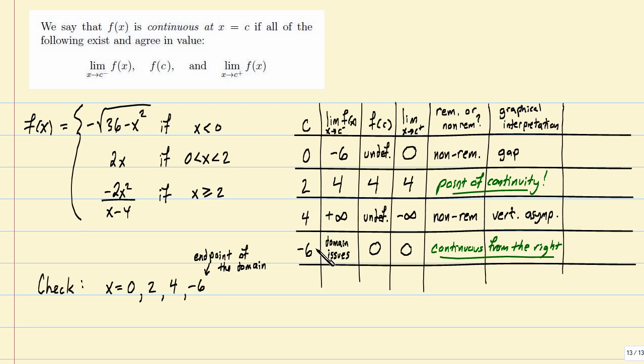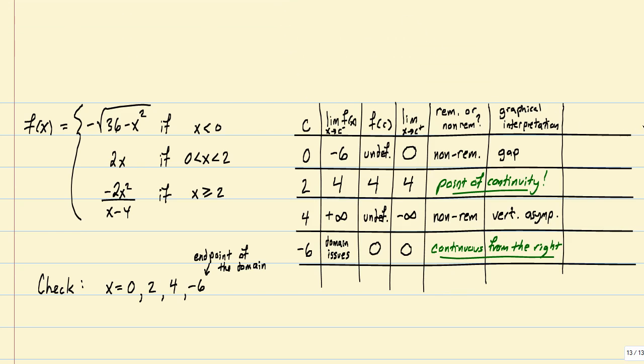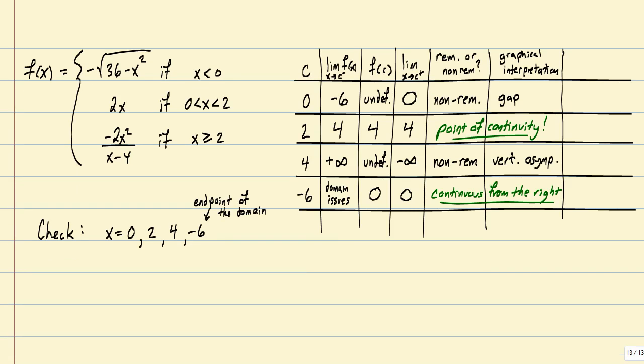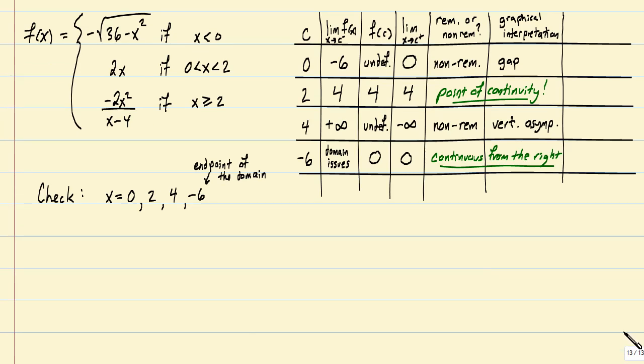Now we're ready to write up our discussion of the discontinuities of our function, which this table summarizes. So let's move this out of the way and slide things up a little bit here. So first off, notice that we had a point of continuity here, so that's not really relevant to our discussion. And this one we're kind of ignoring as well.